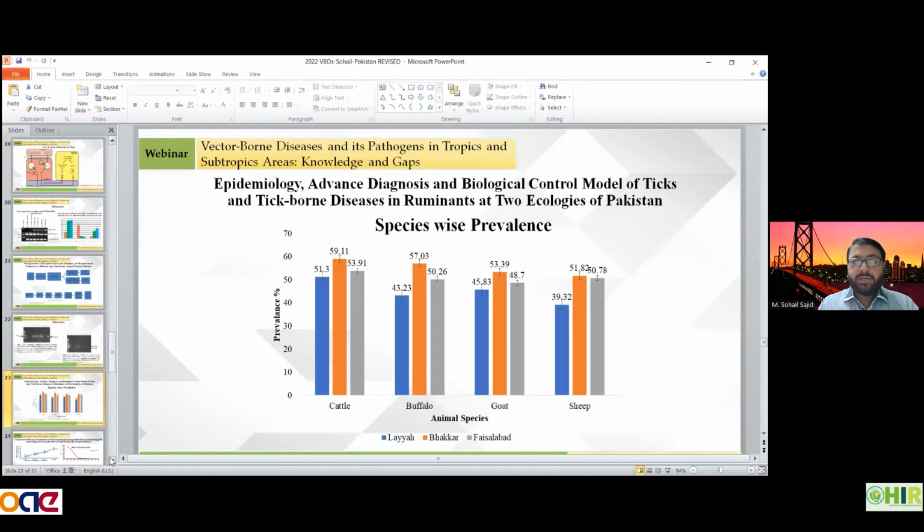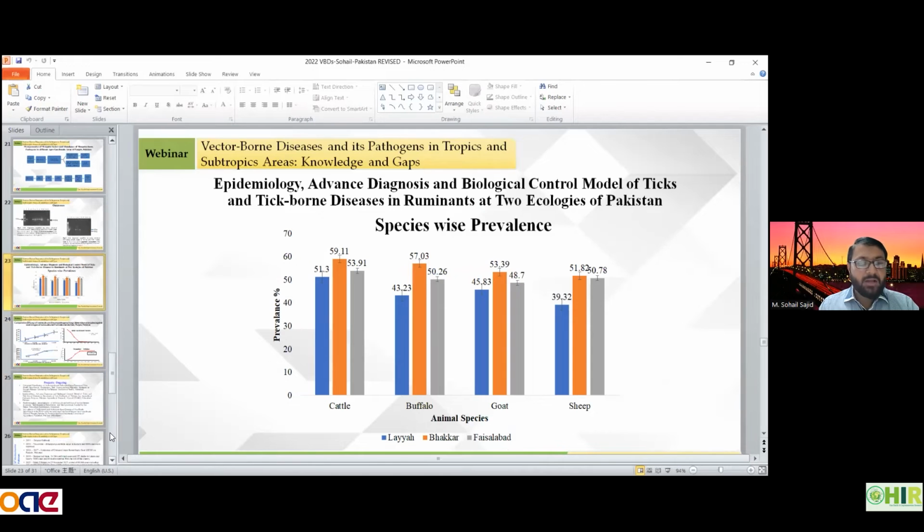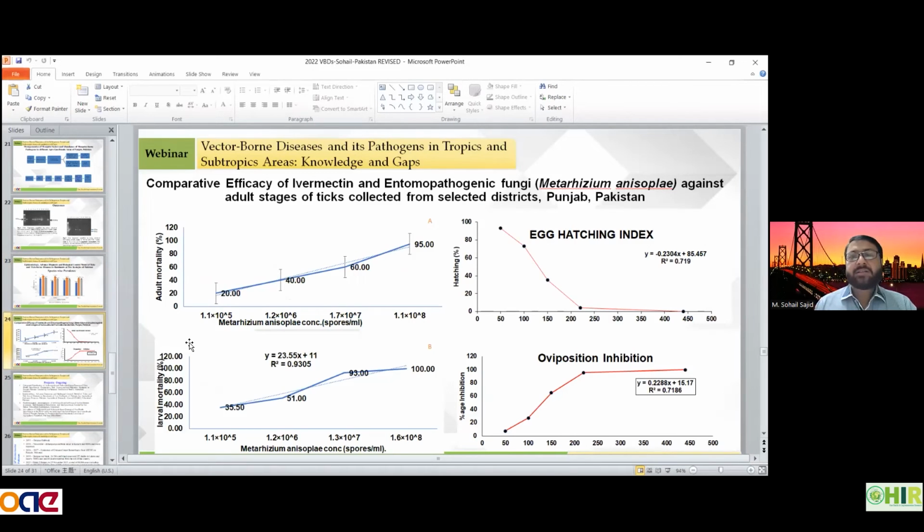Right. So another project is related to tick-borne ecologies in two different models of the province, I should say, in Punjab. Here I targeted some compounds like ivermectin and some biological compounds like entomopathogenic fungi, which include Metarhizium and Anopheles, against adult stages of ticks.